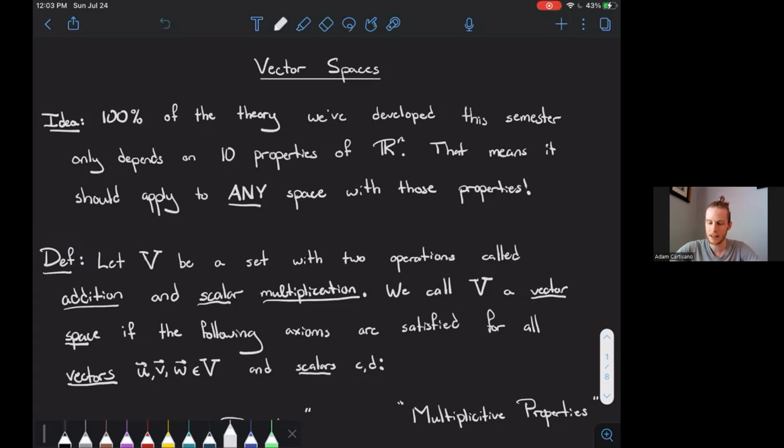Now, the great thing is that first of all, we are already familiar with one family of vector spaces, specifically Rn. We thoroughly addressed all of the theory of linear algebra for the vector space Rn and linear transformations between vector spaces Rn and Rm.